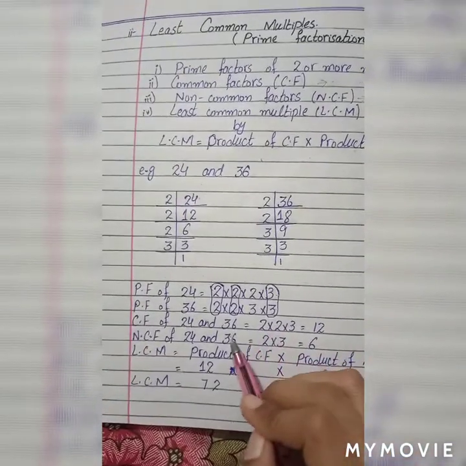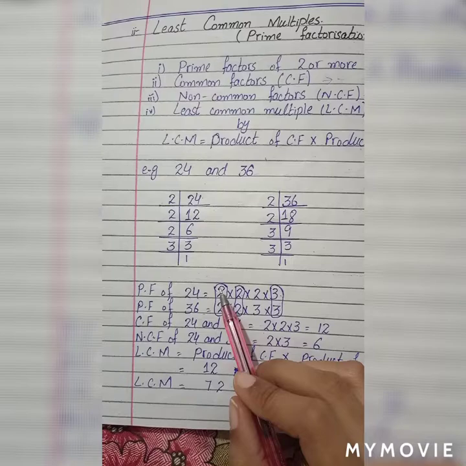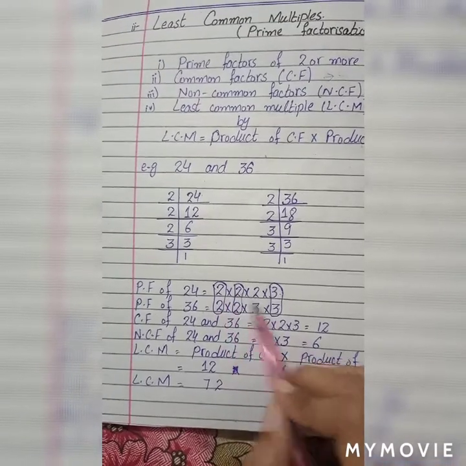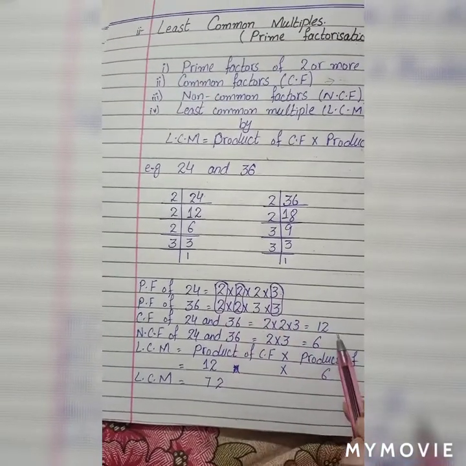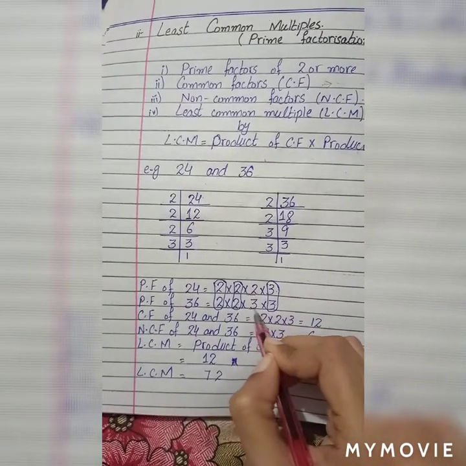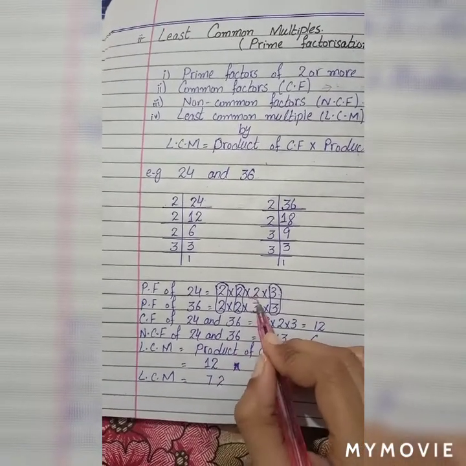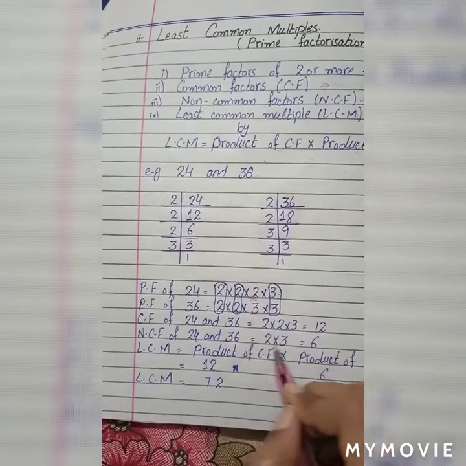Now find the common factors of 24 and 36. 2, 2 and 3 are the common factors and the remaining factors are the non-common factors.